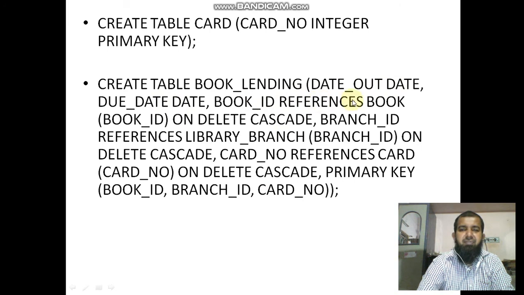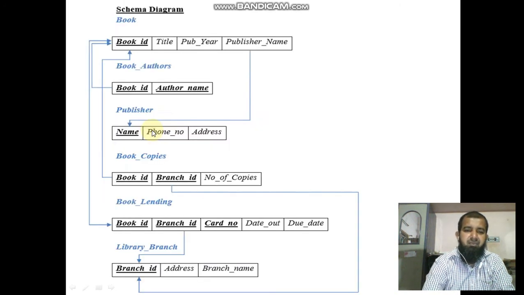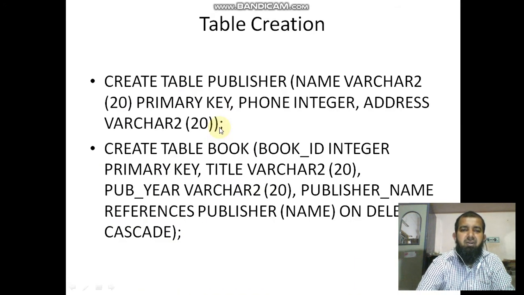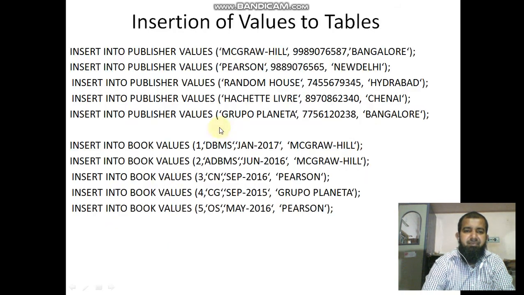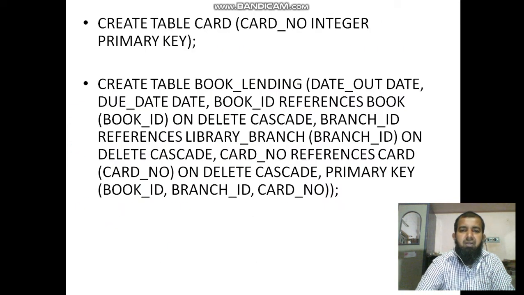Book ID is a reference to book ID of the book table, on delete cascade.